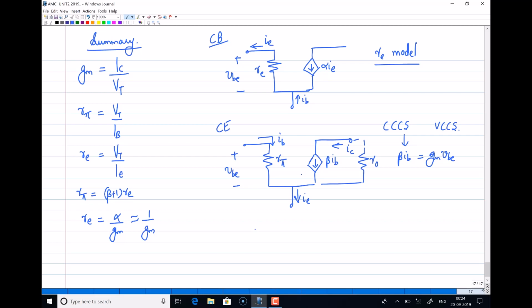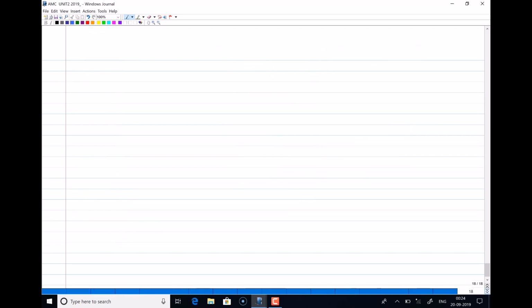Maybe before solving a numerical, we'll look at the common emitter characteristics. So this is VBE and this is VCE.